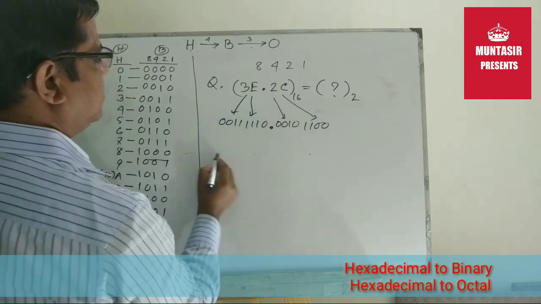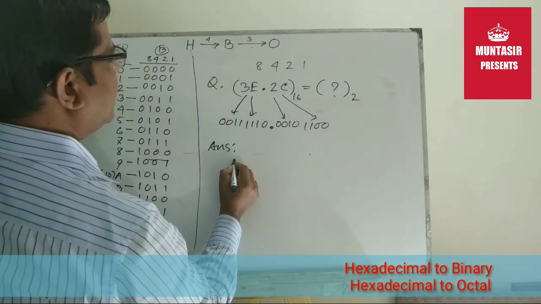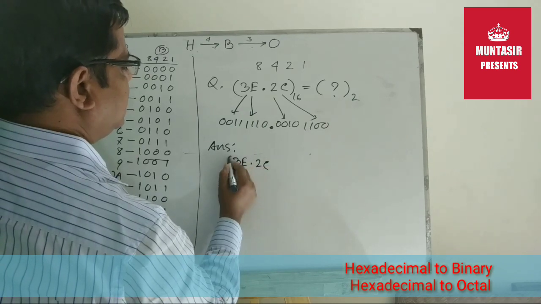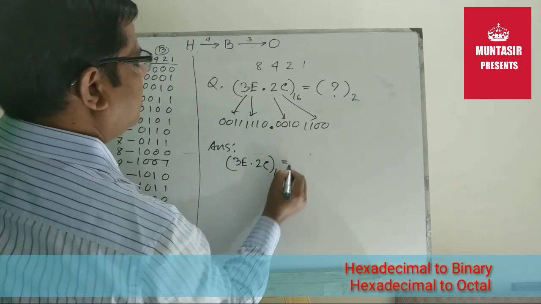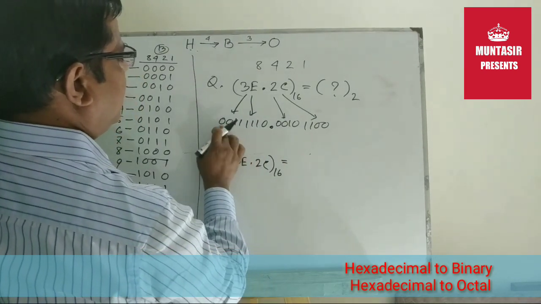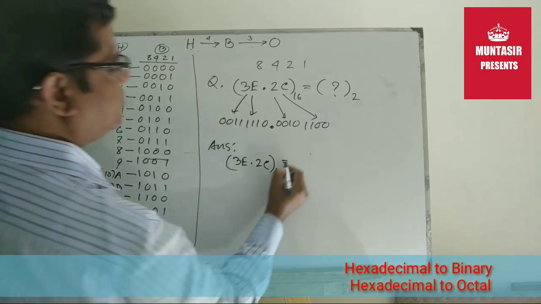This is binary. So the answer for 3E.2C hexadecimal: you can write the leading 0 or remove it, no problem.